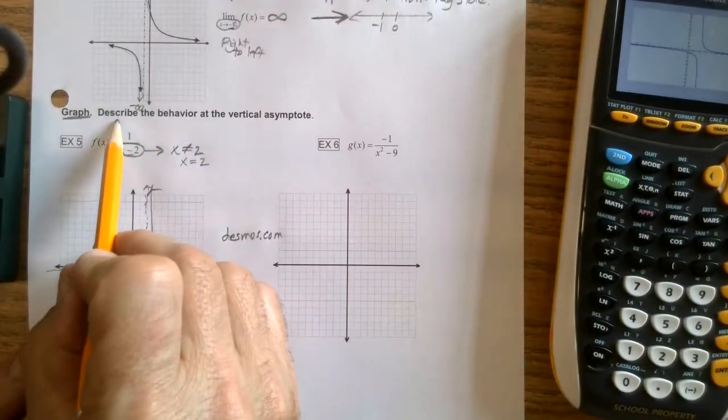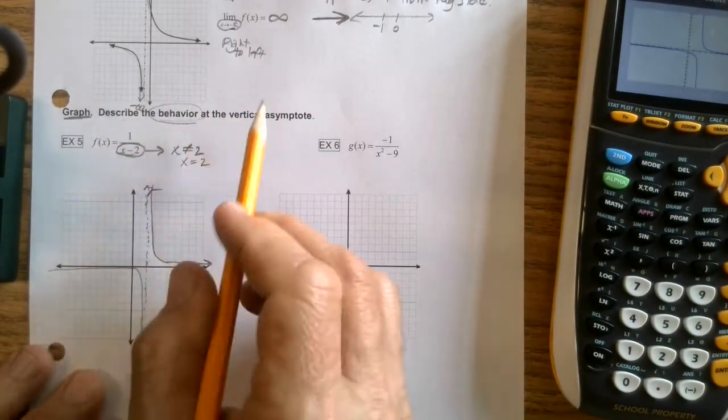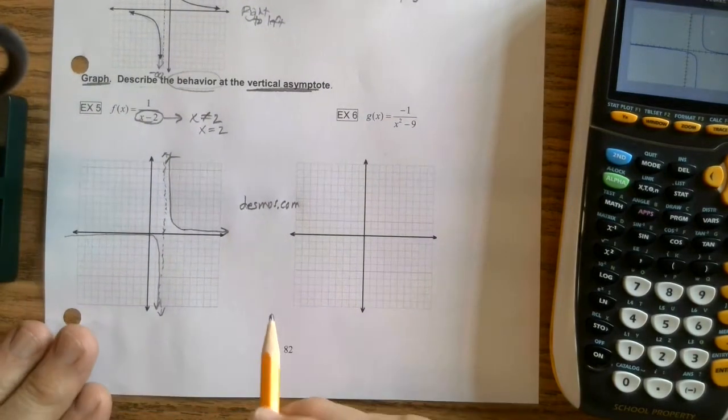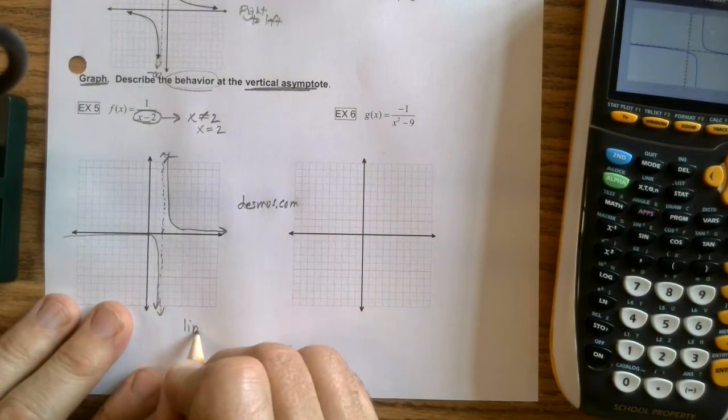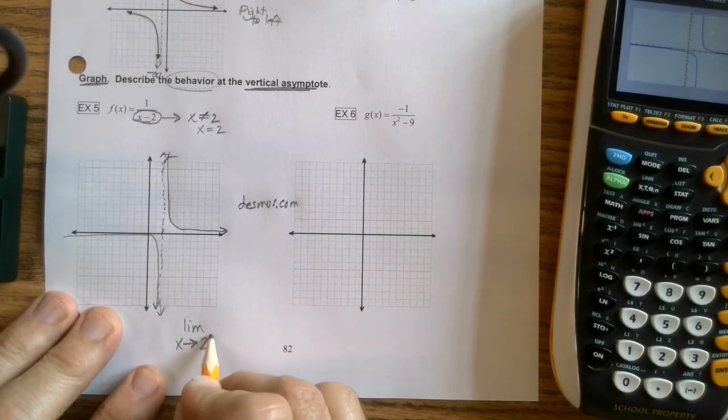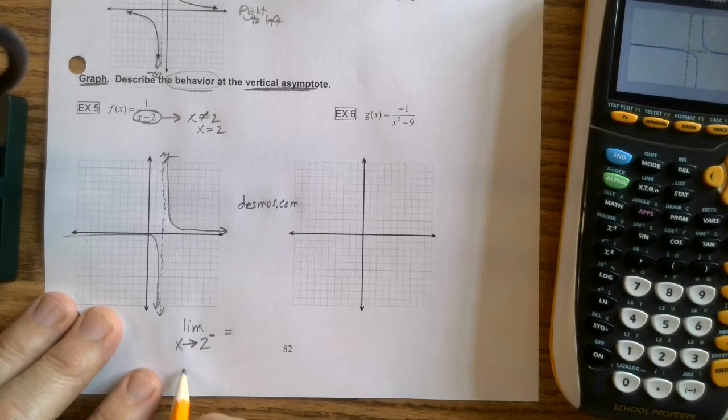This says describe the behavior at the vertical asymptote. So you have to make up your own math problem, which means we're going to find the limit as x approaches 2 from the negative side, and the limit as x approaches 2 from the positive side.